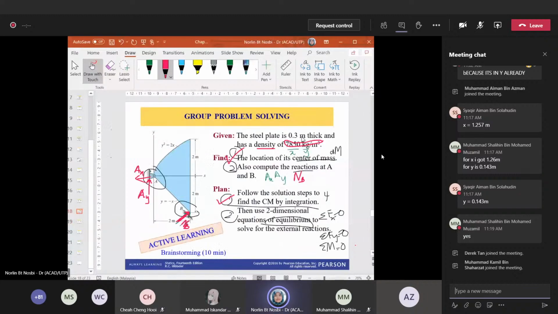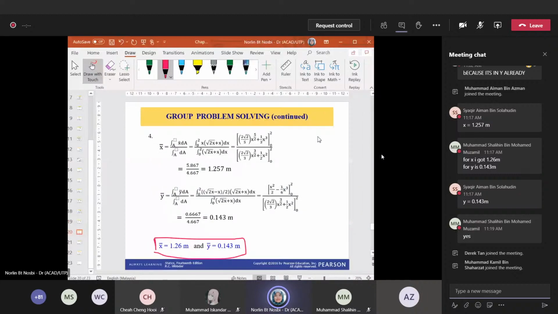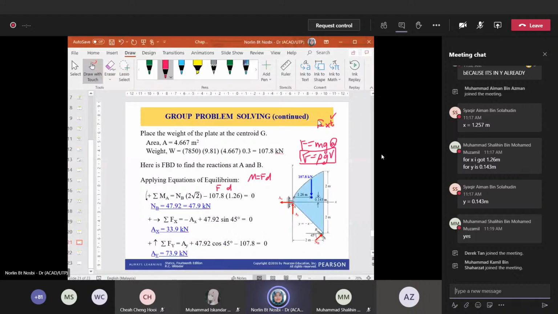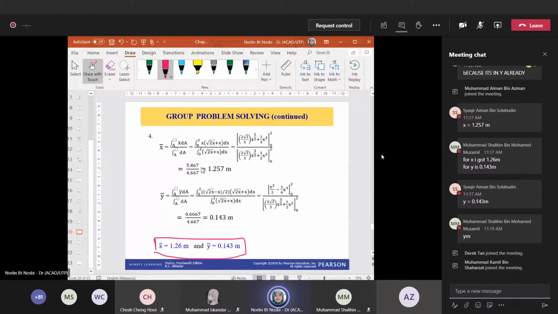So now, how about the area? You know rho, you know g, you need to find the V. You know t. So how do you want to find the area? Where did you get the area value? It is from the previous equation here, dA. dA is the area, so you will get the area value 4.667.